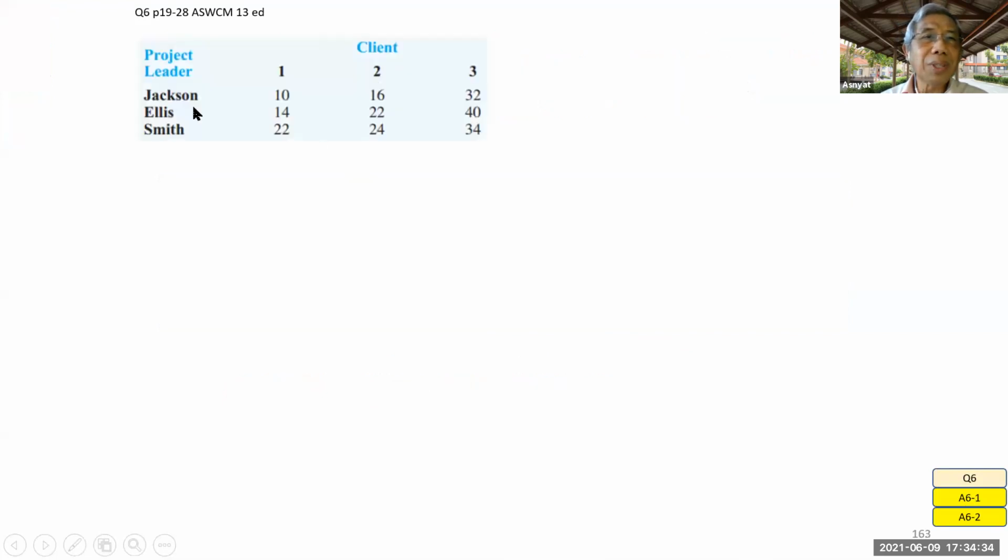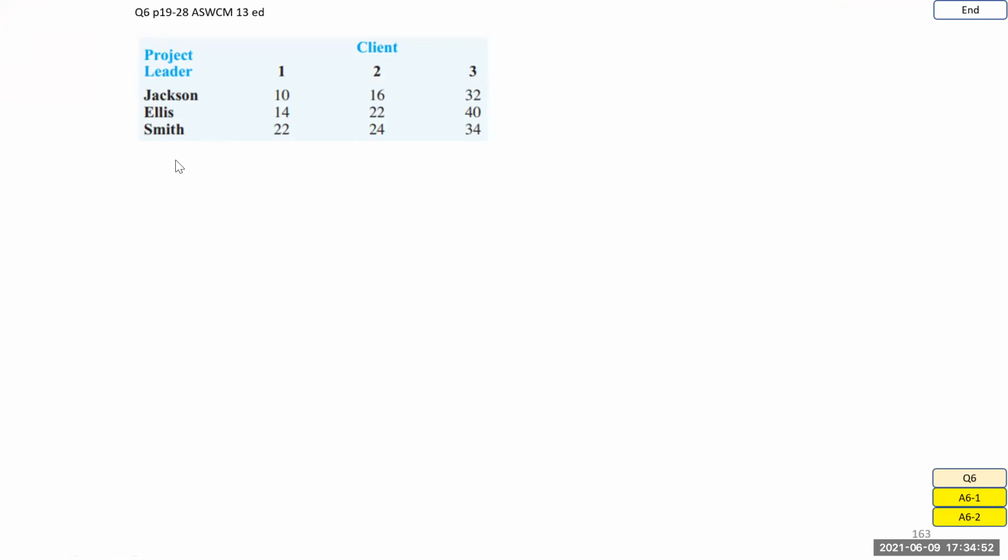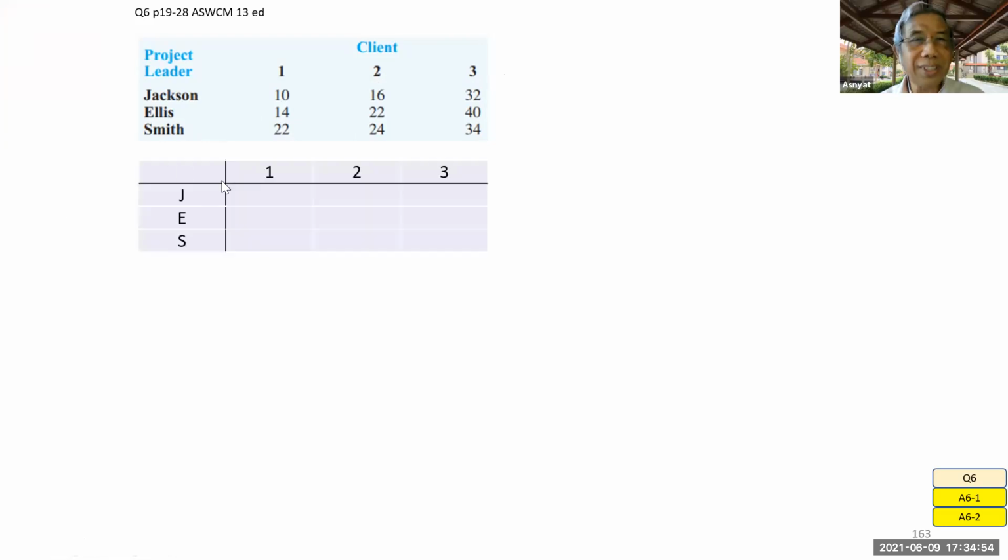We need 1, 2, 3 jobs, 3 leaders. Okay, let's do the Hungarian method. What is the first thing to do? Row operation. Let's do the row operations together.